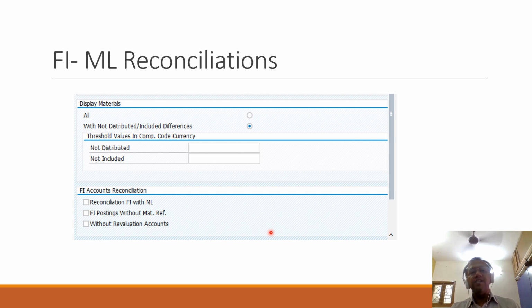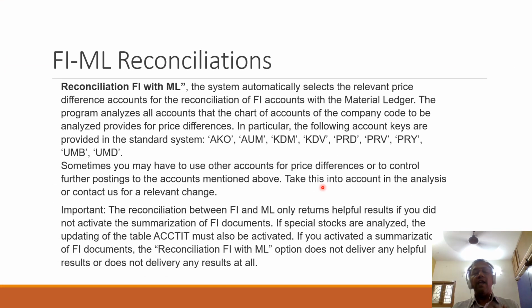The FI reconciliation display of the material, whether it is distributed, included differences, FI accounts receivable, revaluation account. We want to check whether it is being included in the revaluation account or not. We will be covering that in the sessions also. FI and ML reconciliation: the system automatically calculates the relevant prices in the difference account of reconciliation of FI accounts with the material ledger.